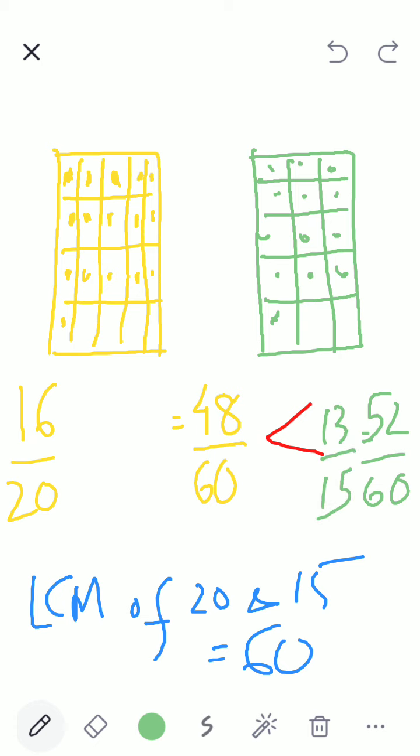So 13 by 15 is greater than 16 by 20. Or we can write it separately here. 13 by 15 is greater than 16 by 20.